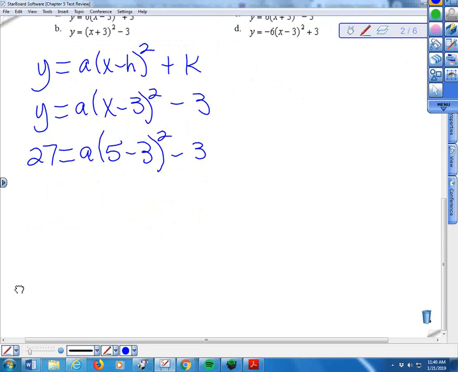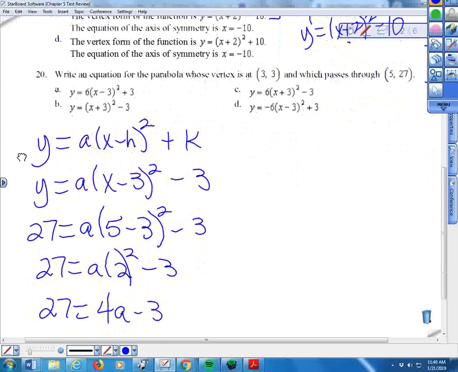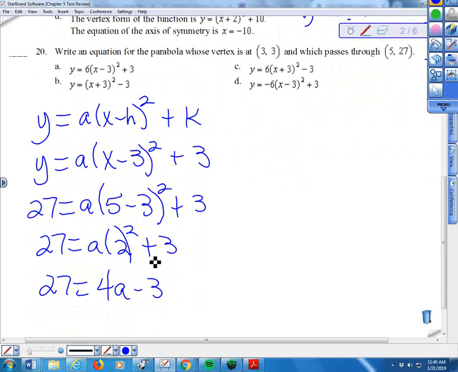I always do parentheses first. So that's 2 squared is 4 times a is 4a. Add 3. Sorry, this is positive.